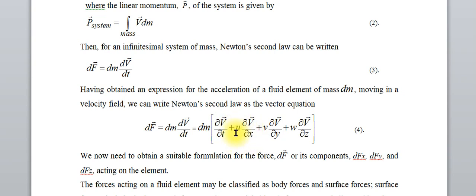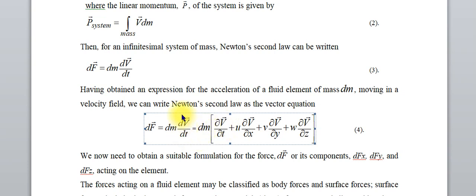And dx by dt is equal to u, dy by dt is equal to v, and dz by dt is equal to w. From here to here is called the convective acceleration, and this one is called the local acceleration.